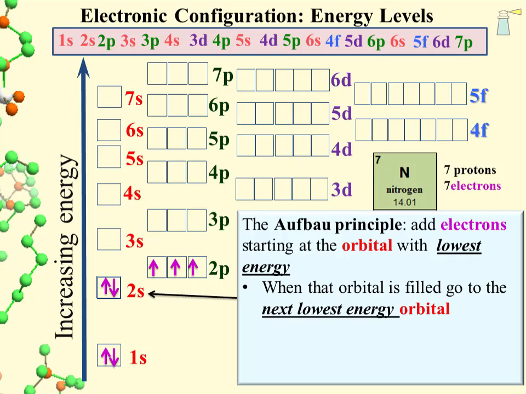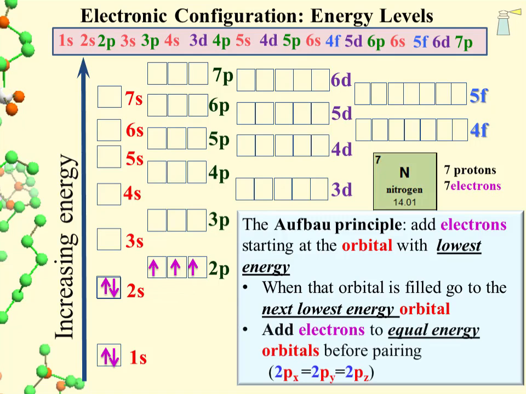Also part of the principle notes that when an orbital is filled, go to the next lowest orbital. After the first pair of electrons was added to the 1s, the second pair was added to the 2s. The Aufbau principle continues this process until there are no more electrons. Though there's one more consideration. Add electrons to all equal energy orbitals before any pairing.